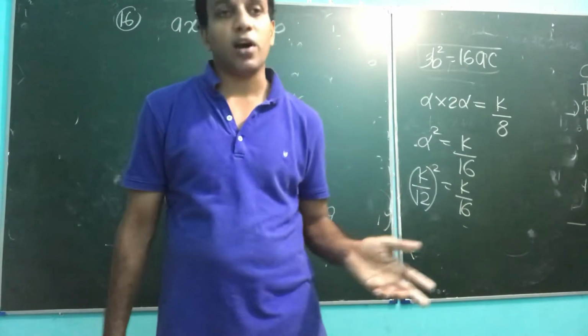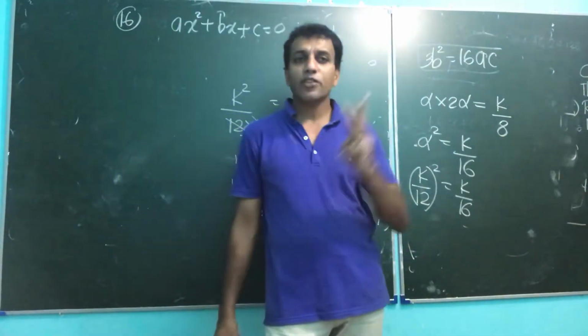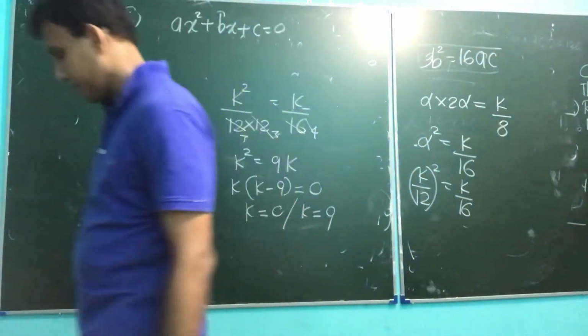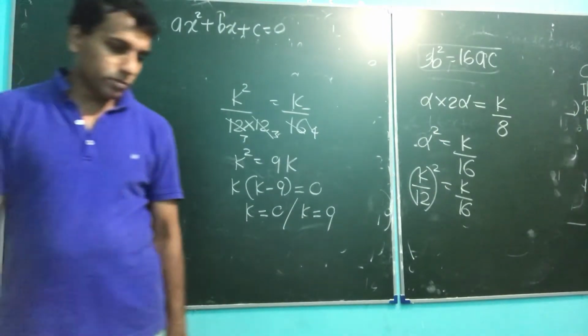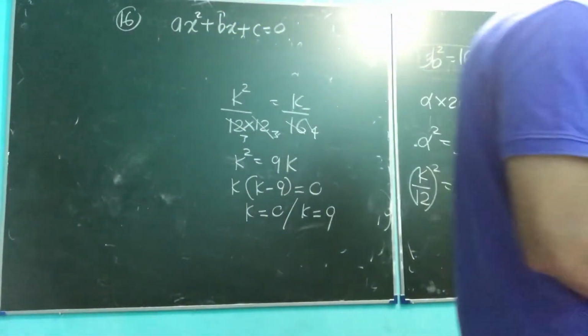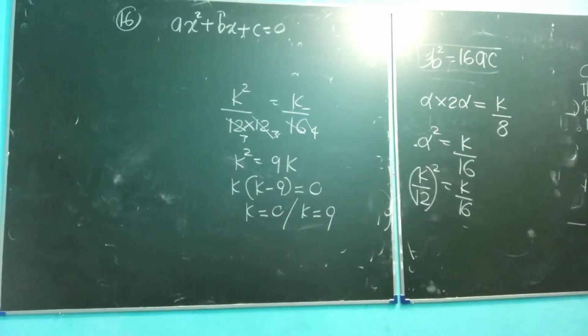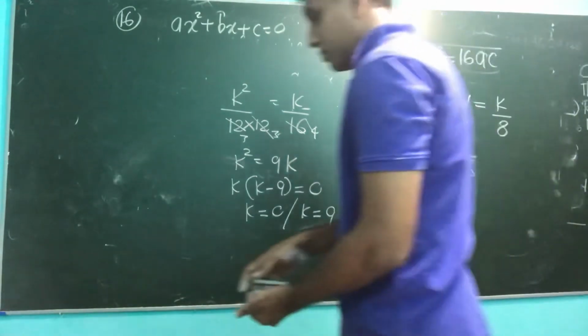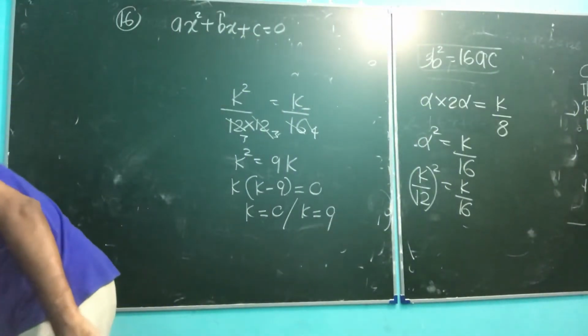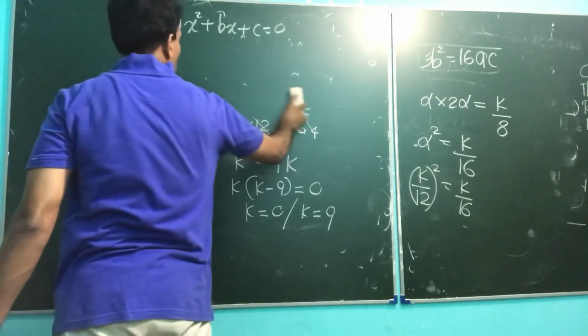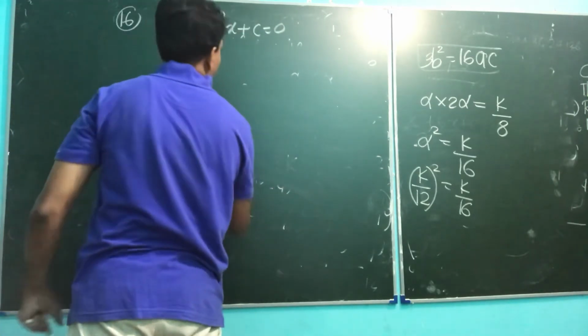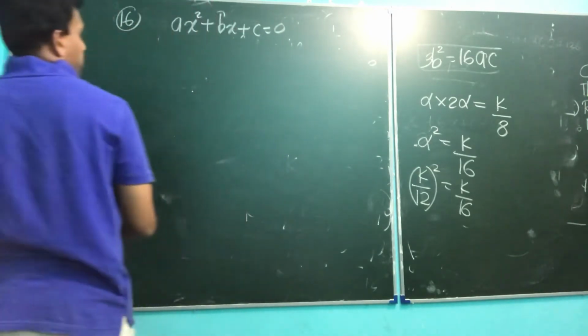Then you say alpha, don't say beta, say 3 alpha, and complete the answer. Let the roots be alpha, 3 alpha.